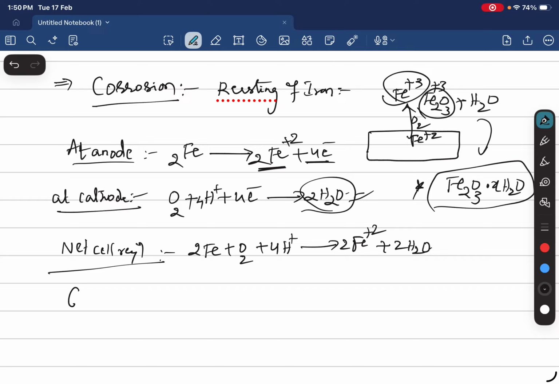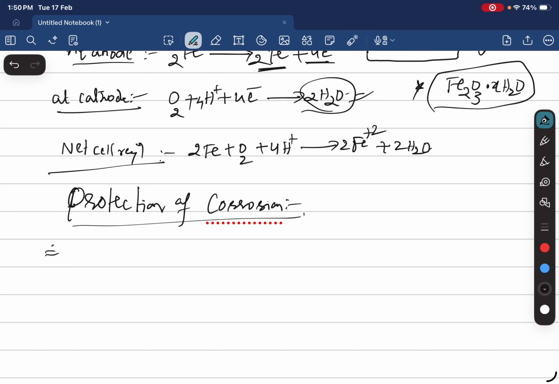So here, how to make protection from this process, like protection or prevention of the corrosion process. There are many prevention methods to avoid corrosion of iron. Those are applying grease, paint or bisphenol, and also we coat some highly reactive metals over iron.